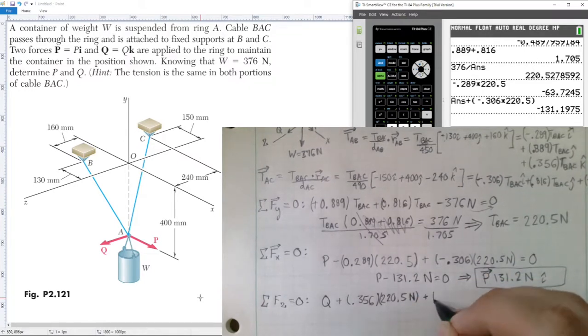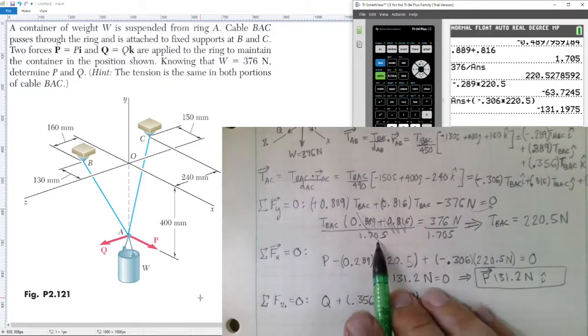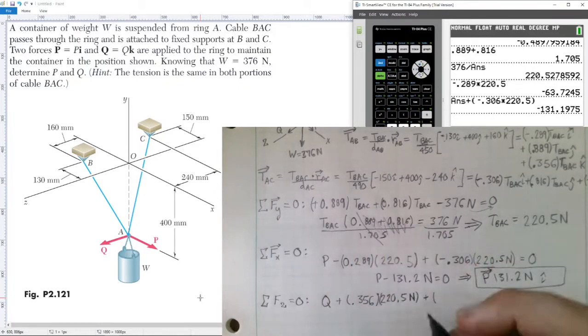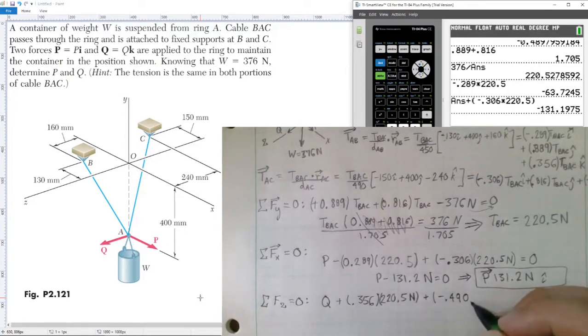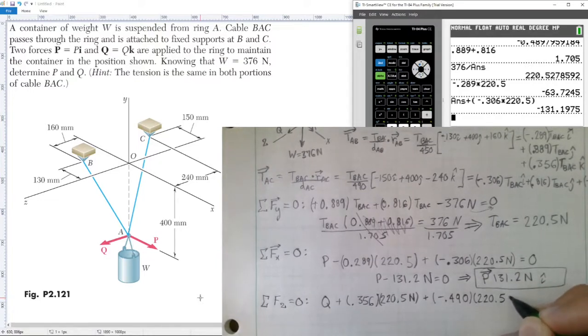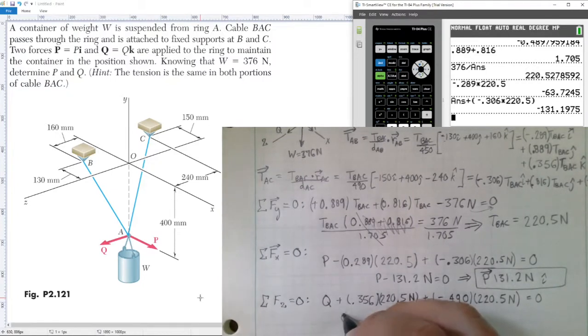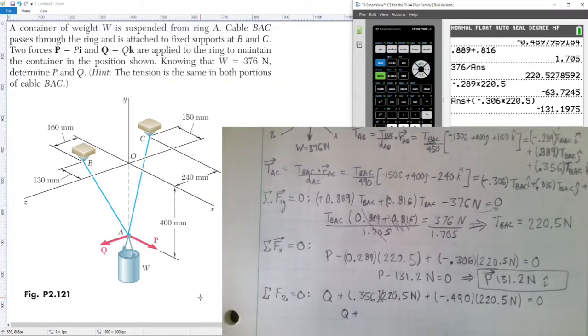And then plus, we're going to take the coefficient for AC, which is negative 0.490 times 220.5 newtons, equal to 0. We'll multiply this out first. So Q plus, let's see, it might not be plus. Let's find out.